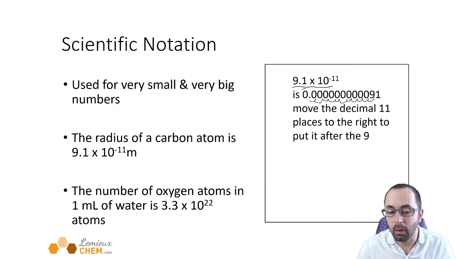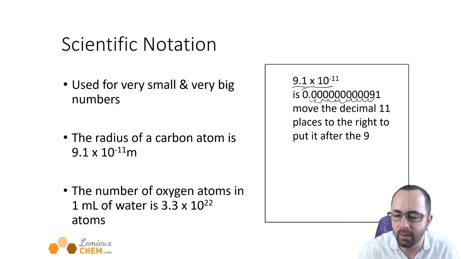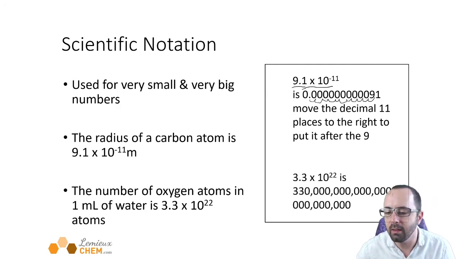Also, we'll be dealing with really big numbers, like the number of oxygen atoms in 1 milliliter of water, which is 3.3 times 10 to the 22nd. When you write this as a regular number, it's 3 and then with 21 zeros behind it. So this is a hugely, enormously large number, and we don't want to be writing all of these zeros.